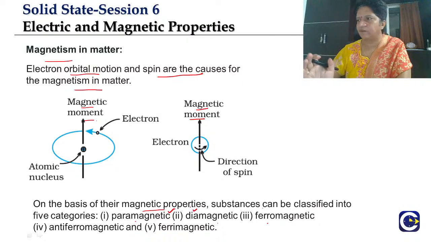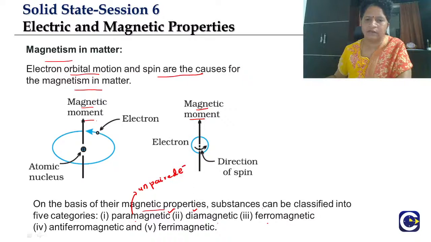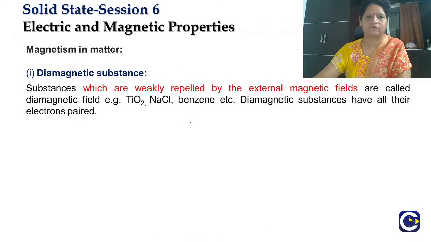If you bring an external magnet near, they get attracted a little because of magnetic effect, and that is because of the presence of unpaired electrons. Diamagnetic: no unpaired electrons, no attraction. Here we classify based on the magnetic moment. Diamagnetic substances are weakly repelled by the external magnet, or let me say they don't get attracted, and these will have no unpaired electrons.